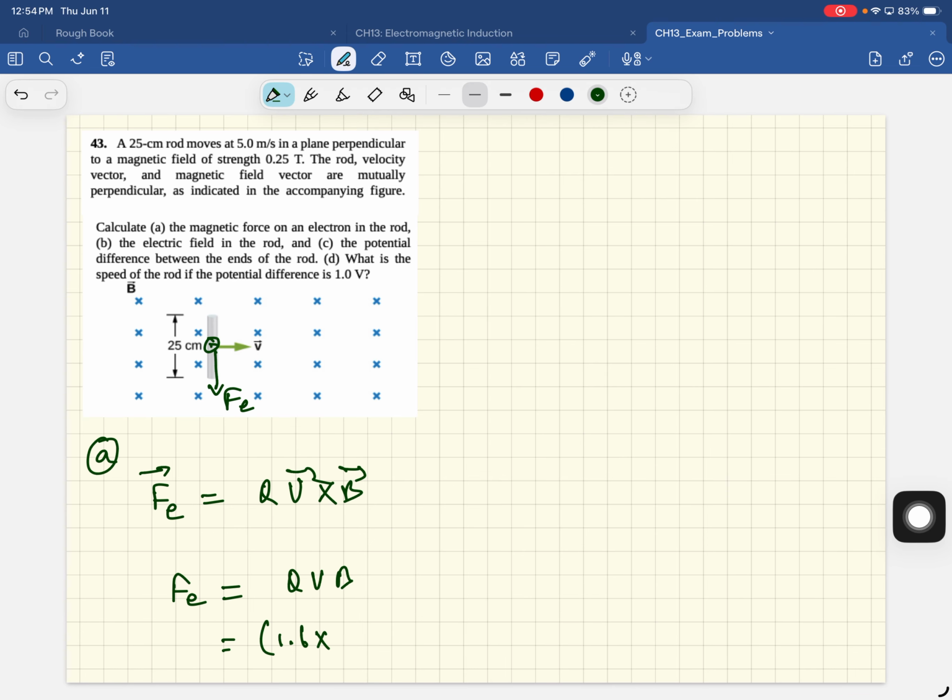So 0.31. So 0.3 volts is the potential difference.